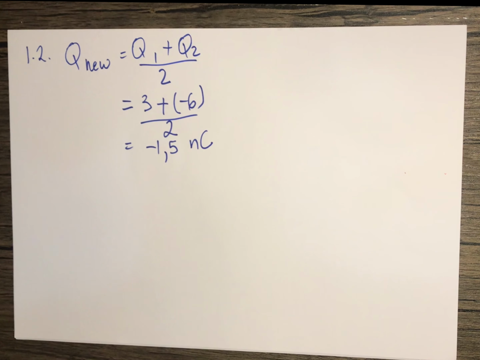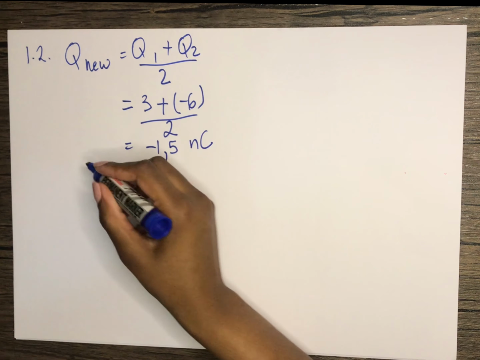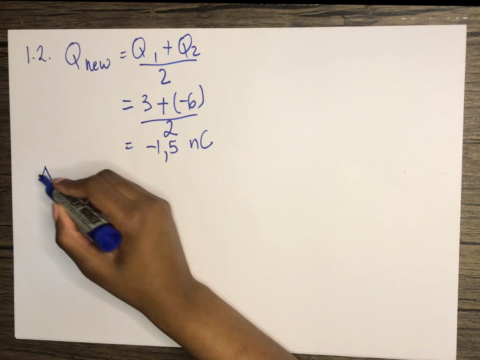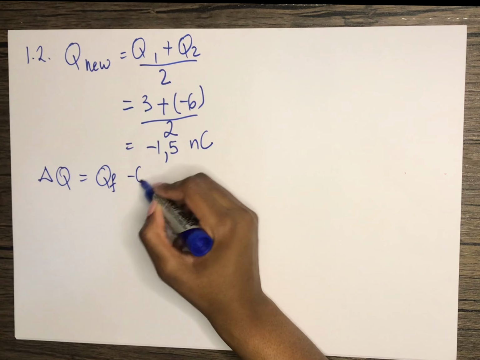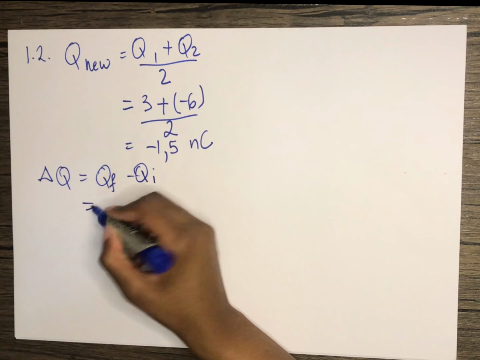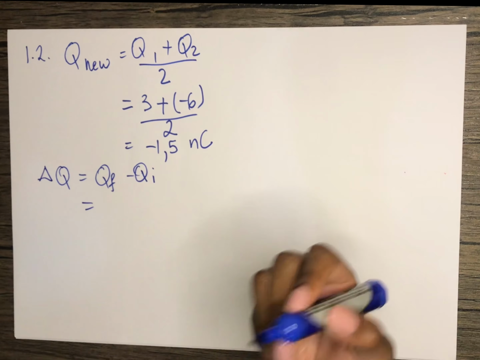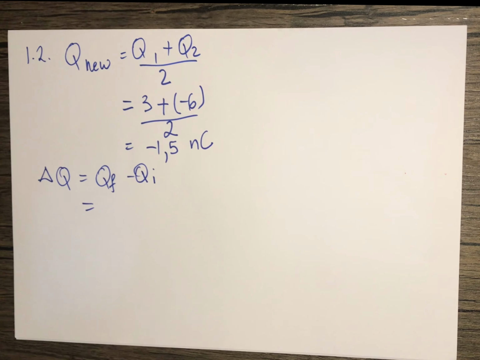But you're trying to find the charge that was gained or lost by each of the spheres. So from here, you can find the change in the charge, which is going to be the final minus the initial charge, right? Your final for both, they're both going to be negatively charged.